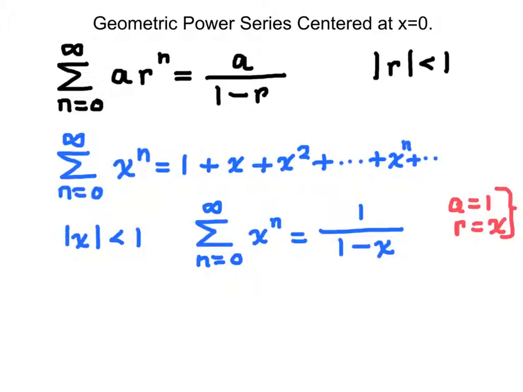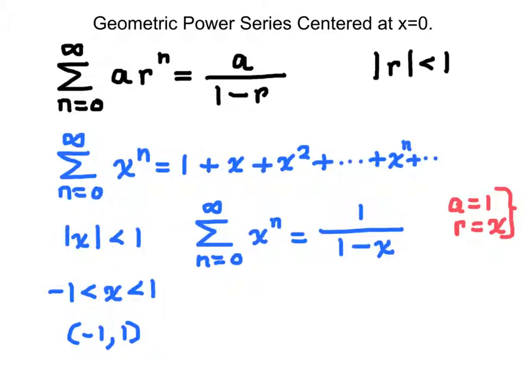So going back to the absolute value of x being less than 1, that means that whenever x is between -1 and 1, or in interval notation, -1 to 1, our geometric power series converges to the function 1 over 1 minus x.